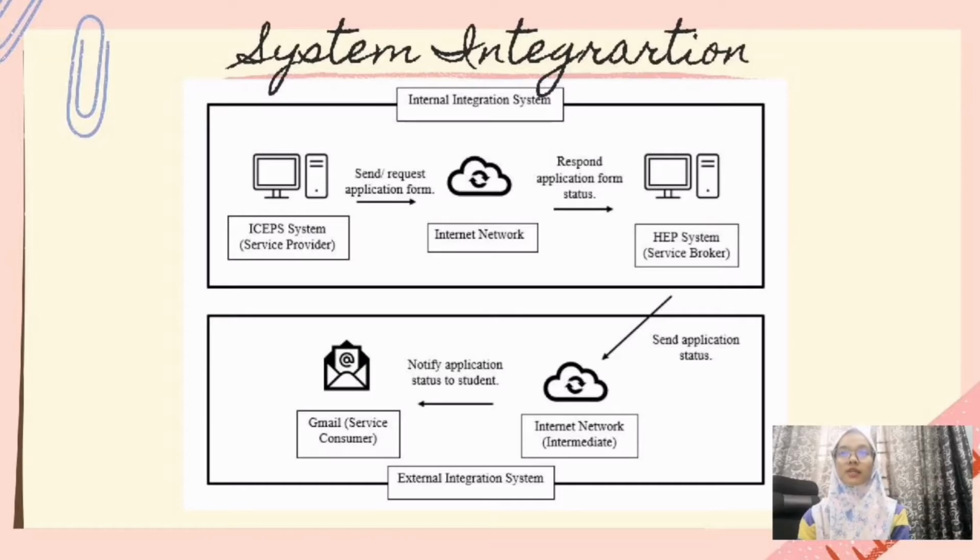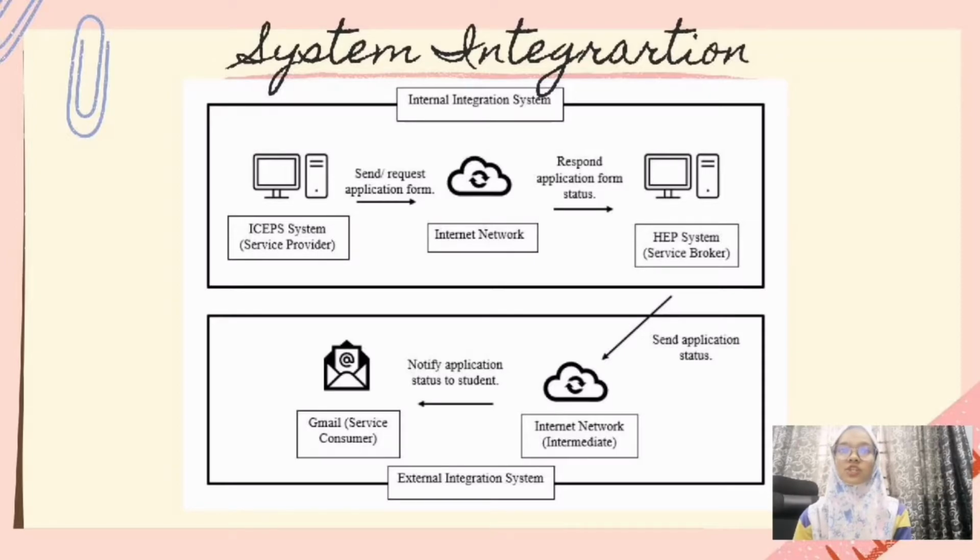Moving on to the system integration between the internal and external systems. As we can see, the internal integration is between the ICEPS system and the HEP system, where ICEPS acts as a service provider that sends the application form through the internet network to the HEP system, which acts as a service broker that responds with the application form status.